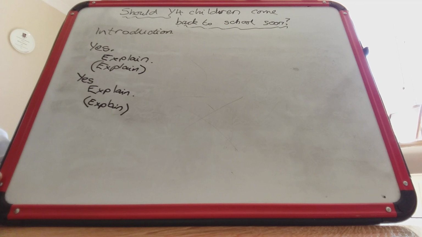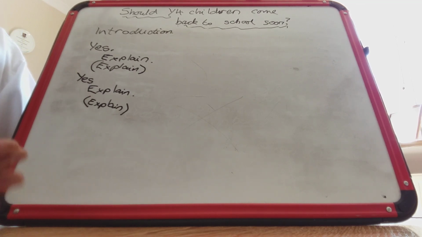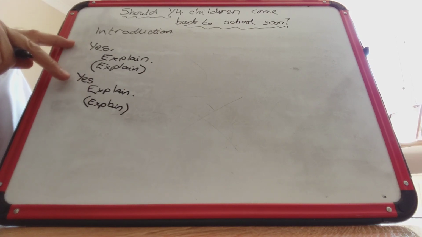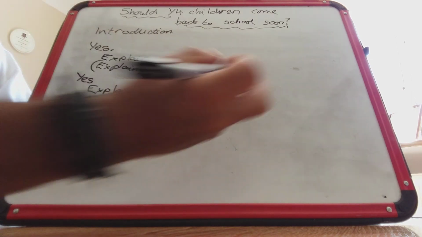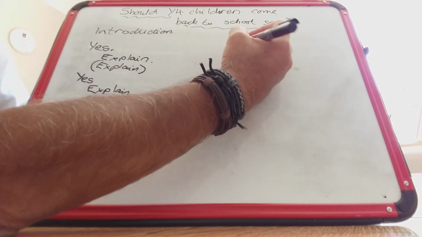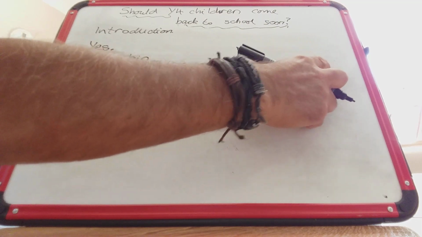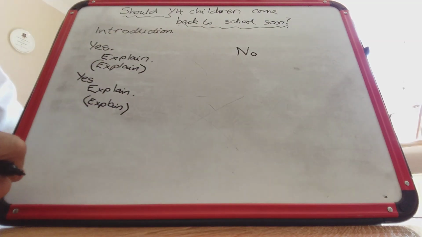Okay. Then we go on to no, because it's a balanced argument, you have to explain why. You have to say about the no side. So you do the yes side and then the no side. And what I'll do is I'll do the no side over here. You don't have to do that on the right hand side, but it just makes it easier for you to see if I do it there.